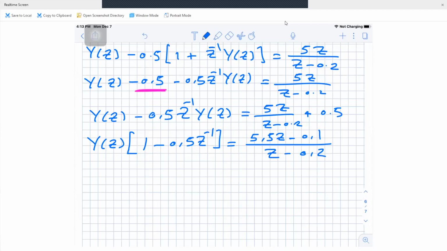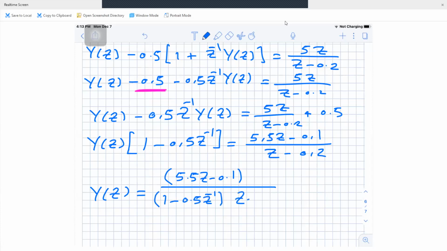So y of z equals 5.5 z minus 0.1 divided by 1 minus 0.5 z to minus 1 multiplied by z minus 0.2.